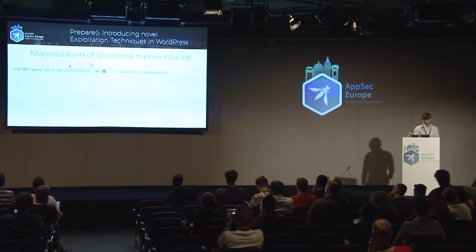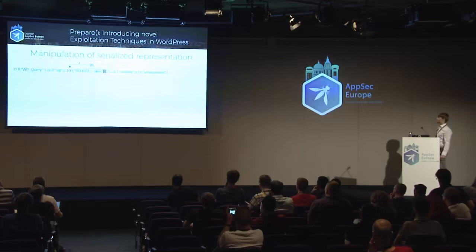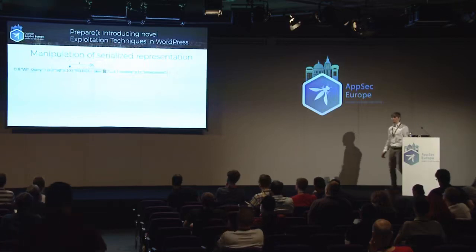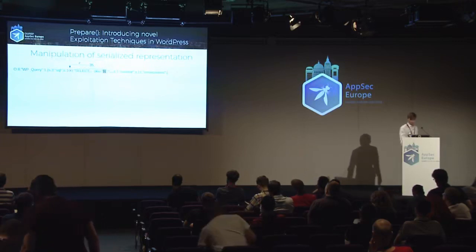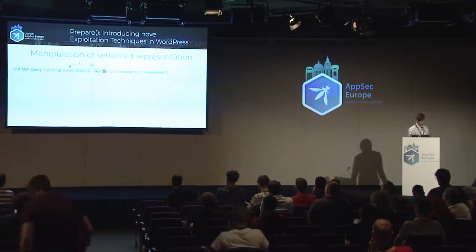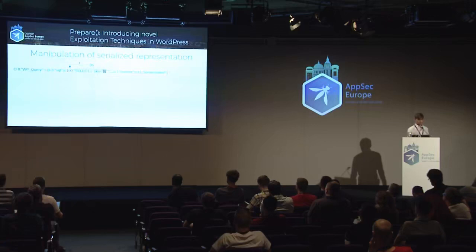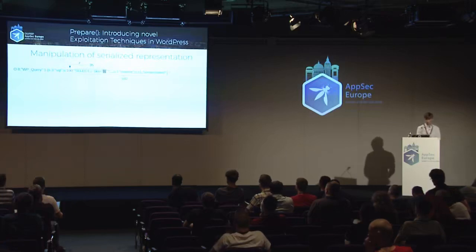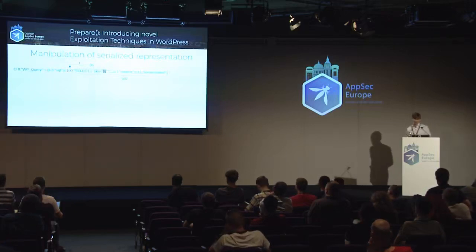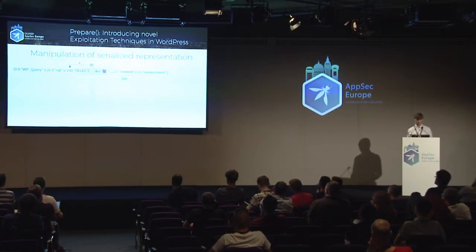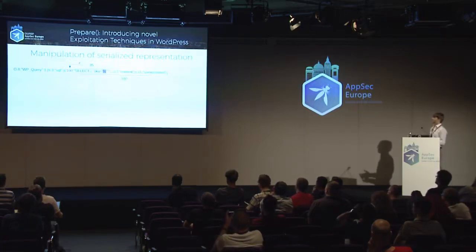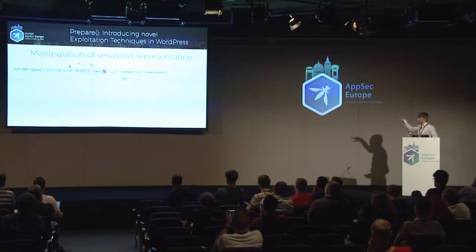So yeah, again, this is our serialized representation. Our user input is embedded right into it. The numbers do not match. How do we get the injection now? What unserialize will do when throwing this in is go 100 characters to the front, try to read this as a string, and then see, okay, the blue part now, try to read it in, but it doesn't work because the delimiters do not match.